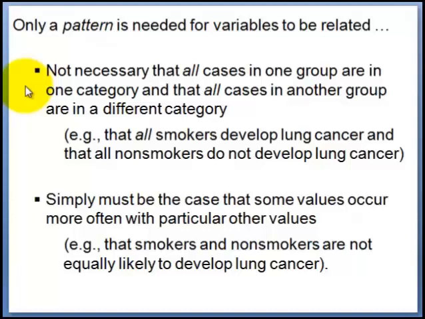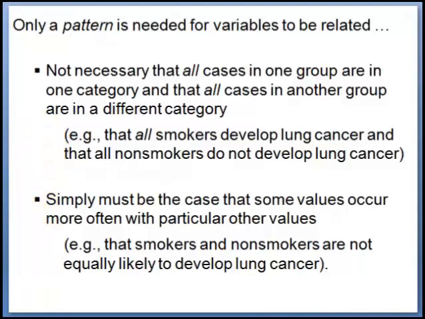For instance, for there to be a relationship between smoking and lung cancer, it need not be the case that all smokers develop lung cancer and all non-smokers do not. We don't have to have perfect grouping of values of one variable and values of another. We simply need to have patterns.